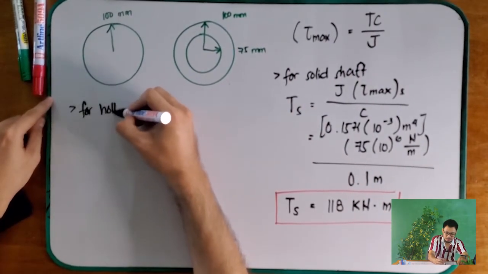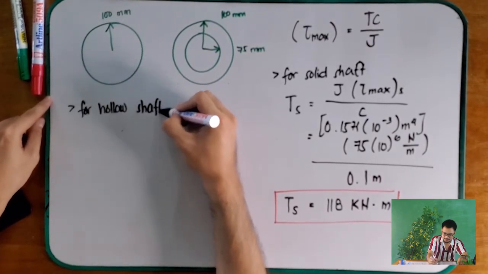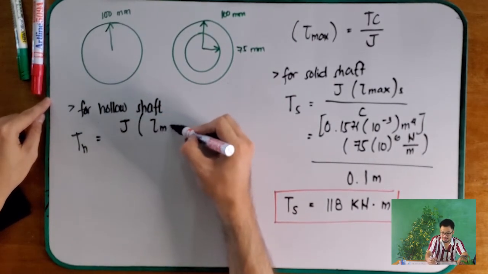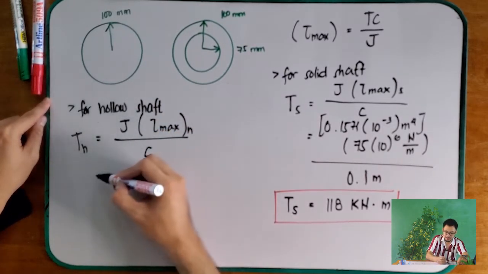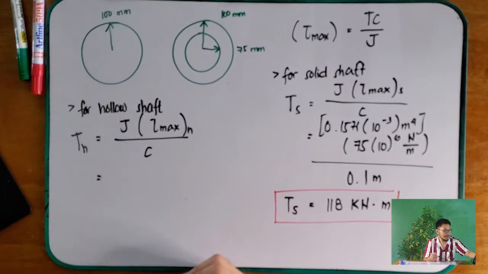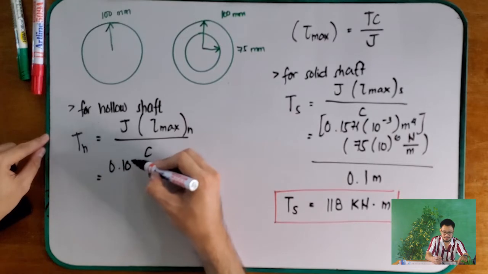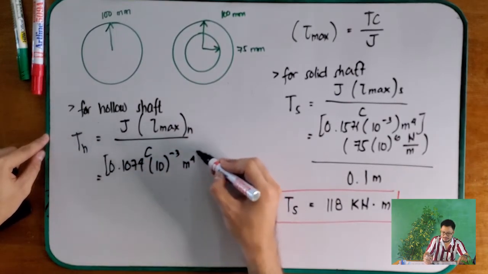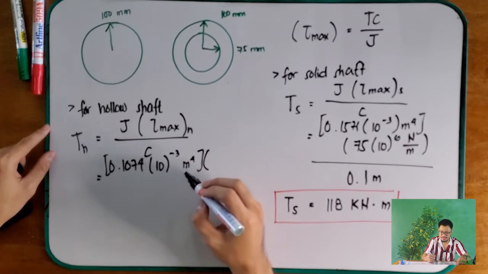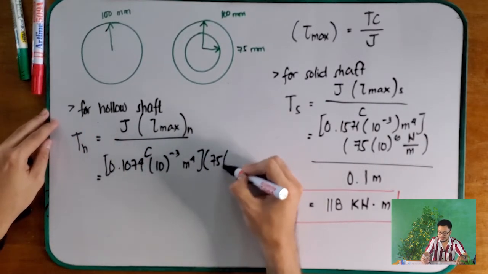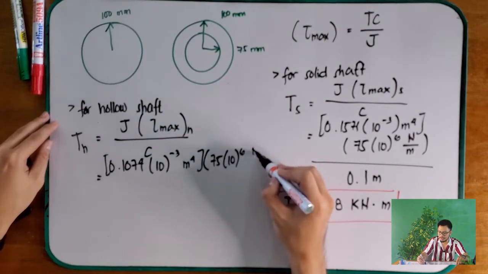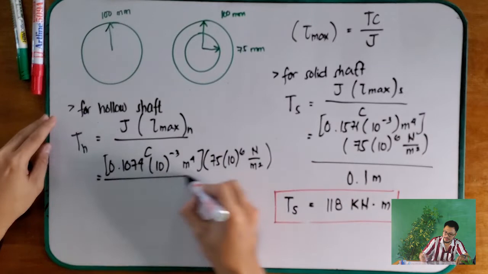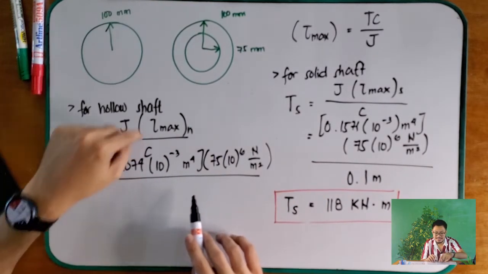For hollow shaft, T hollow is equal to J times tau max hollow over C. This is equal to your J sa imong hollow, 0.1074 times 10 to the power of negative 3 meters to the 4th, times your tau max, which is 75 times 10 to the power of 6 newton per meter squared, over your C. Obviously, still ang 100 gyapon imong gamiton.